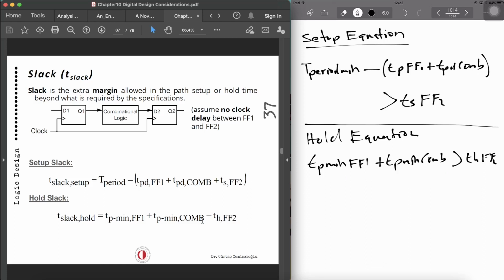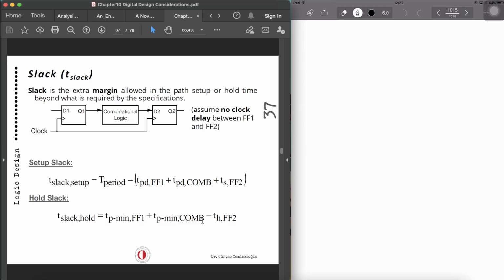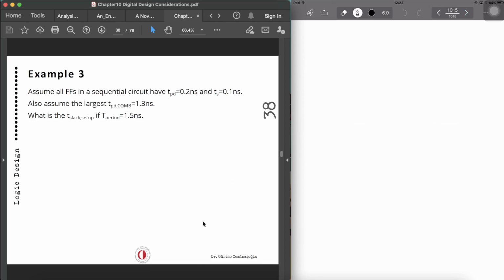So let's see the first example, or how we are going to use this setup and hold slack. Assume all flip-flops in sequential circuits have a propagation delay of 0.2 nanosecond and a setup time of 0.1 nanosecond. And also assume the largest combinational delay is 1.3 nanosecond. What is the T-slack setup if the period is 1.5? So T-slack setup, we know the period, which is 1.5.